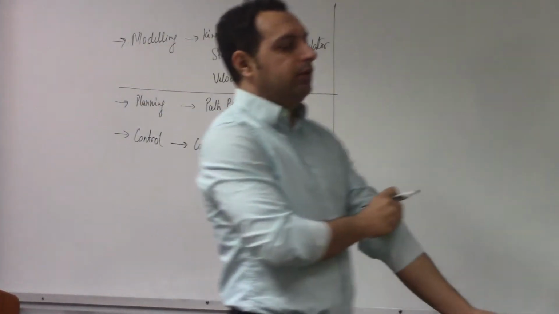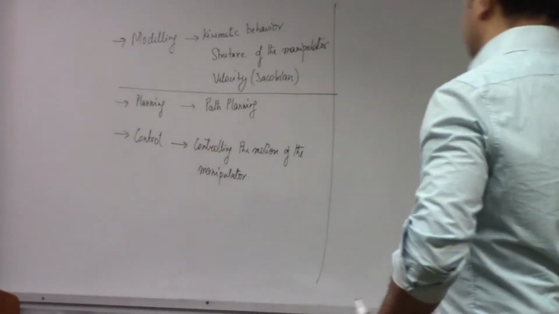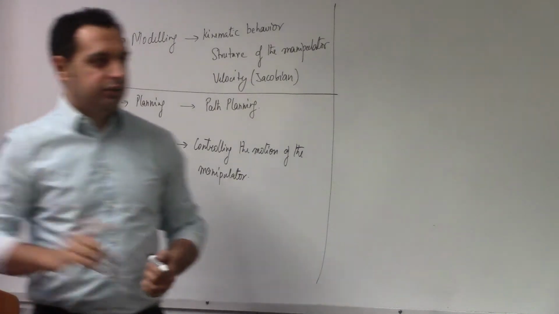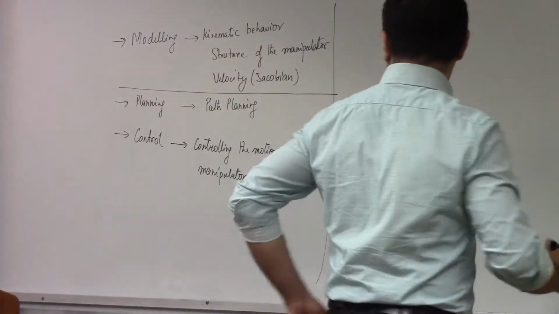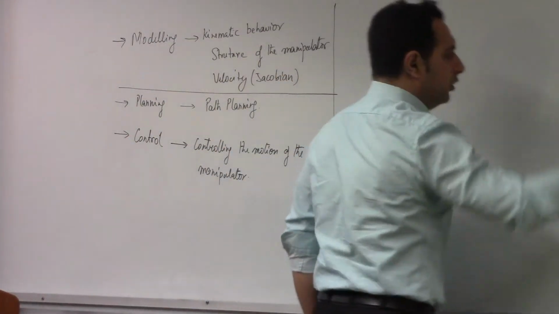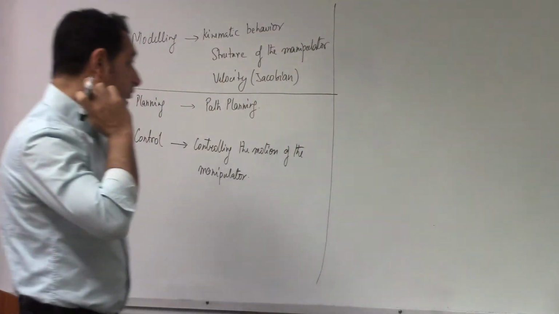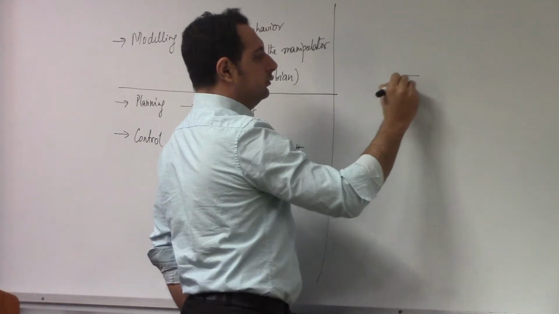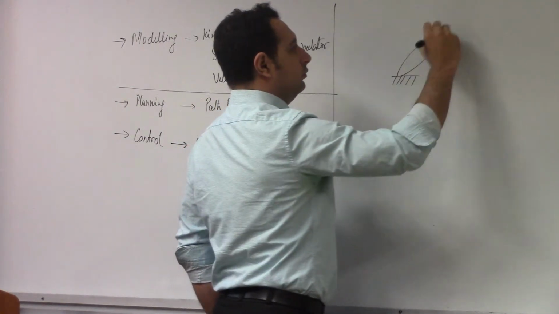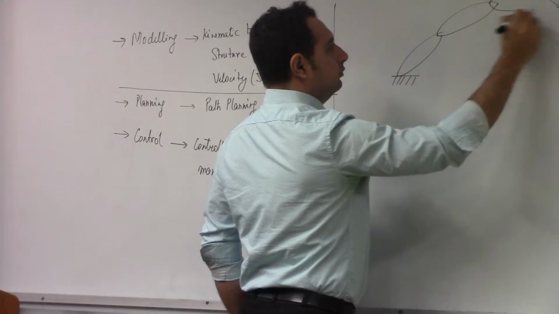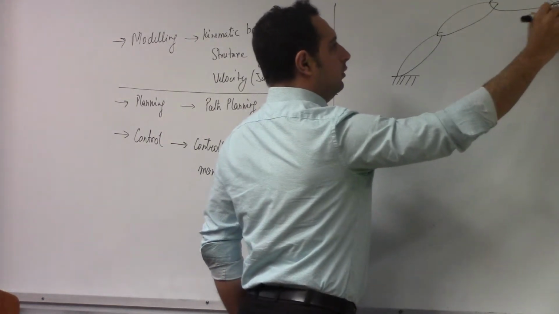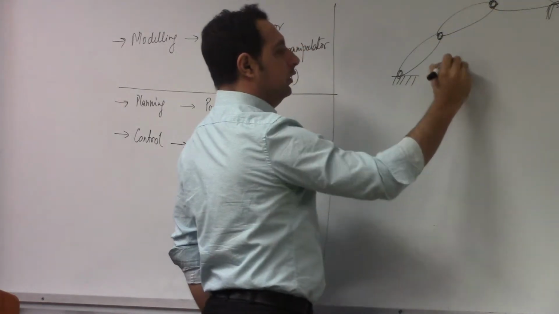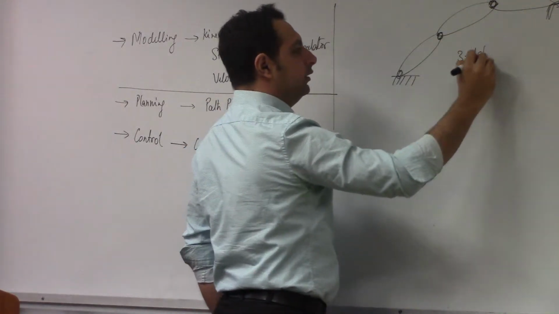Now, when we speak about control, this is more related to EE, but anyways, since this is a very interdisciplinary course, we will go a little slowly and we will talk about control. Now, if you have a manipulator like this, and this is a 3 degree of freedom manipulator.